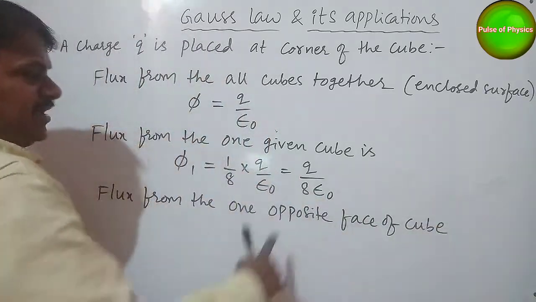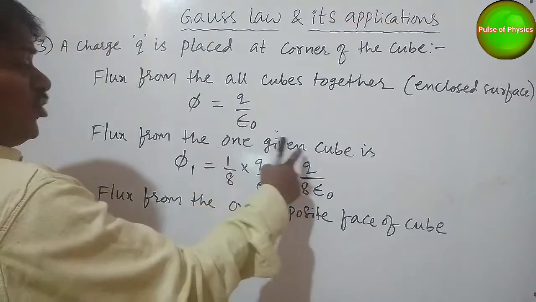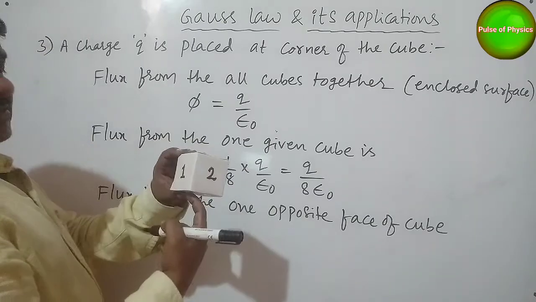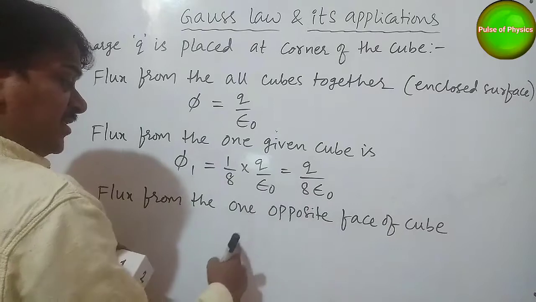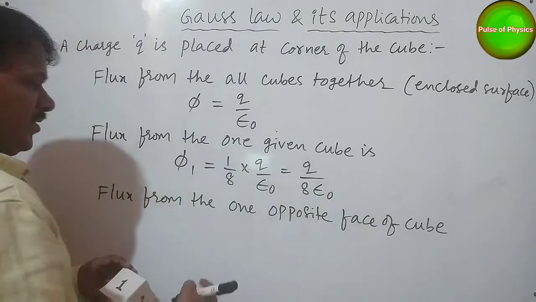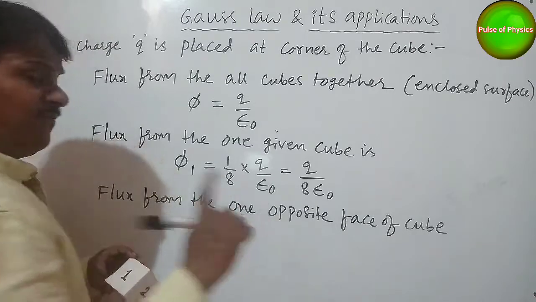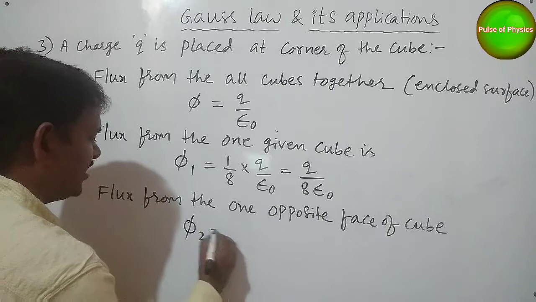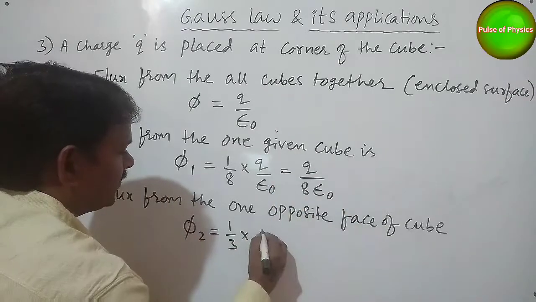It means this is from one cube. In those three faces, right? So that is 1/3 of this flux. Opposite faces how many? 3. So that's why for that one opposite face I am taking phi 2, which is nothing but 1/3 of this flux.